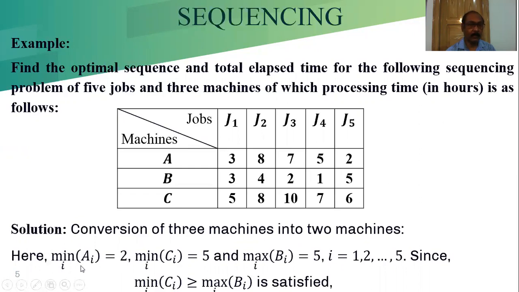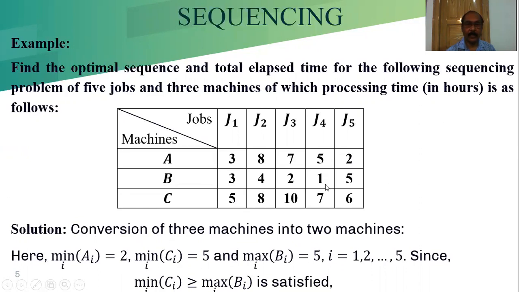First, we have to find the minimum of Ai. The minimum of Ai is 2, the minimum of Ci is 5, and the maximum of Bi is 5.